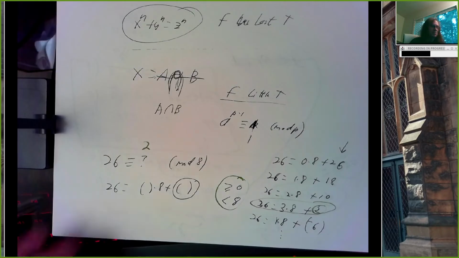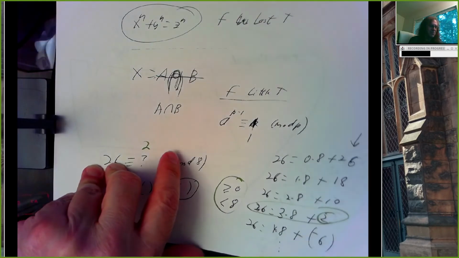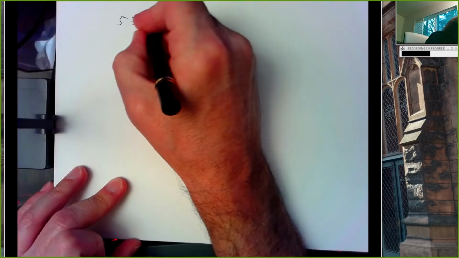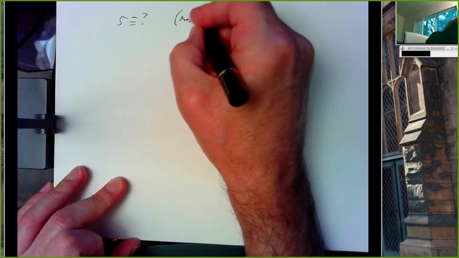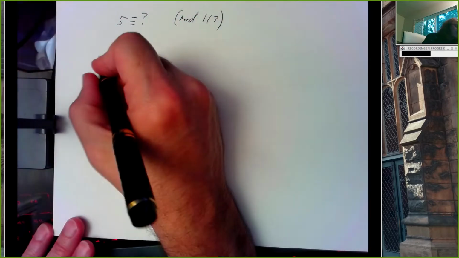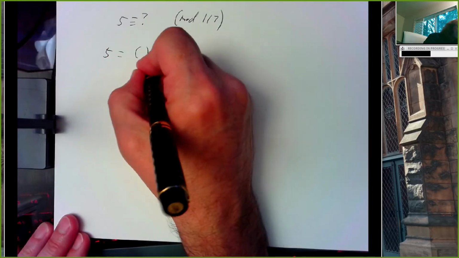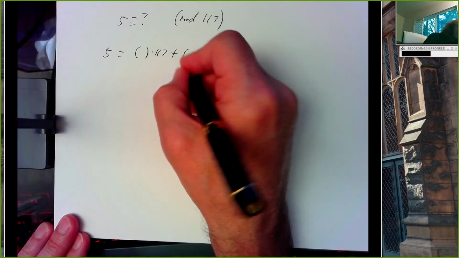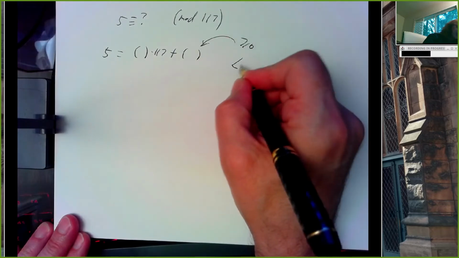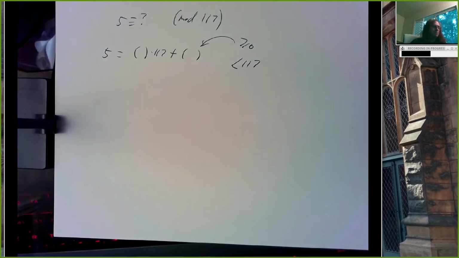So let's play with a similar but different question. Let's say 5 is congruent to what modulo 117? So we want to write 5 equals something times 117 plus something, and we want this to be bigger than or equal to 0 and less than 117.